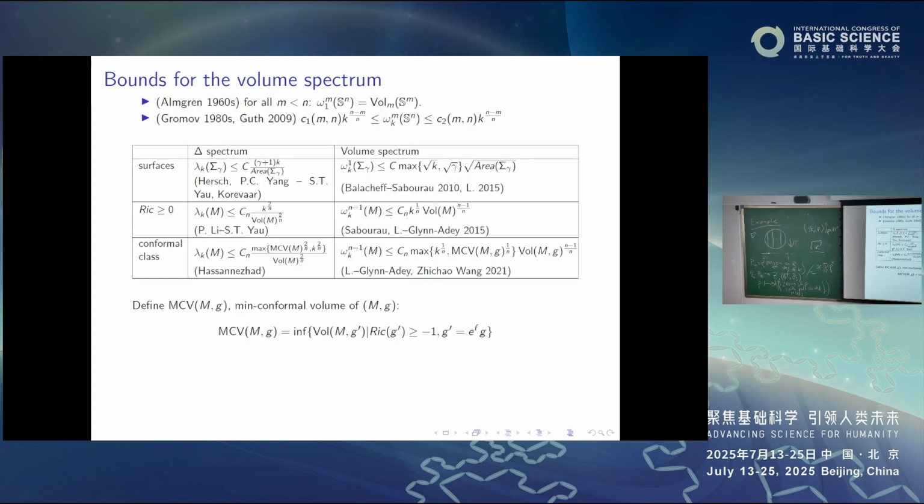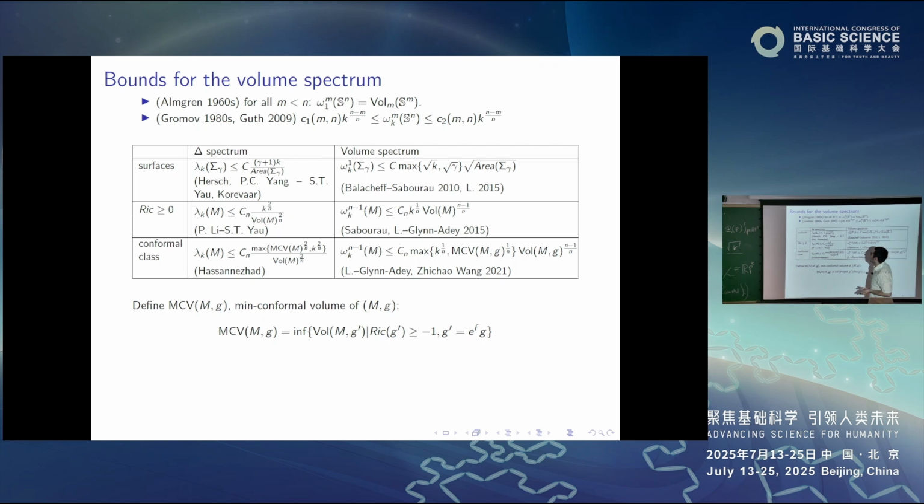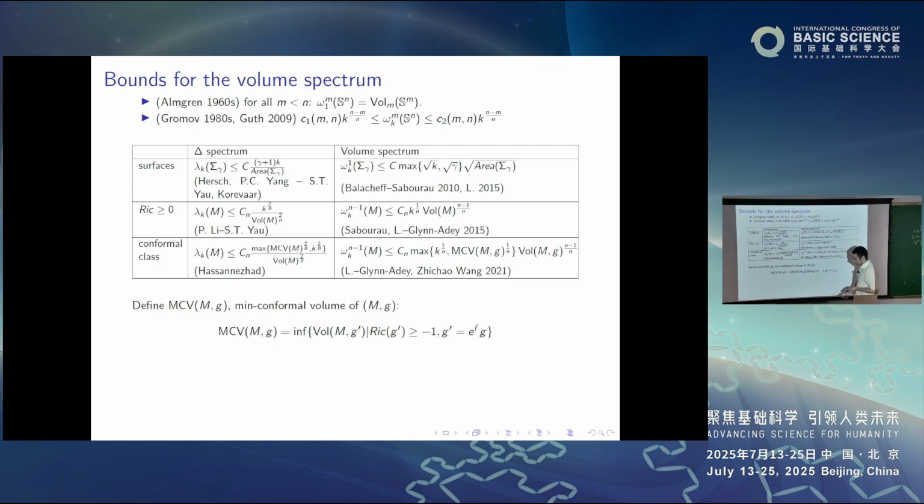And then we have this beautiful theory, results by Yau with Peter Li, Paul Yang and Hersch, and results of Hersch and Korevaar, that bound eigenvalues of the Laplacian in various geometric settings. So for example, for surfaces, we have bounds in terms of the genus and the area. If you have Ricci greater or equal than 0, then you have this result in terms of the volume.